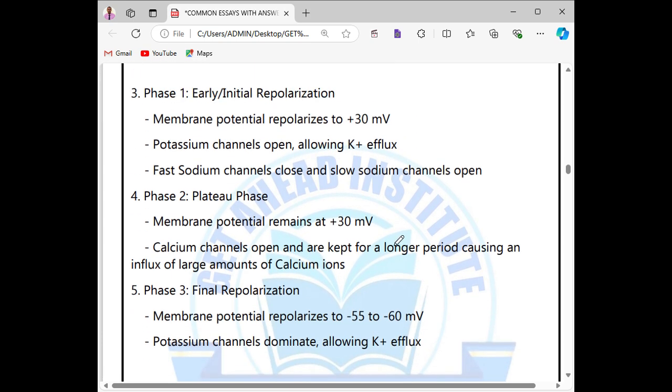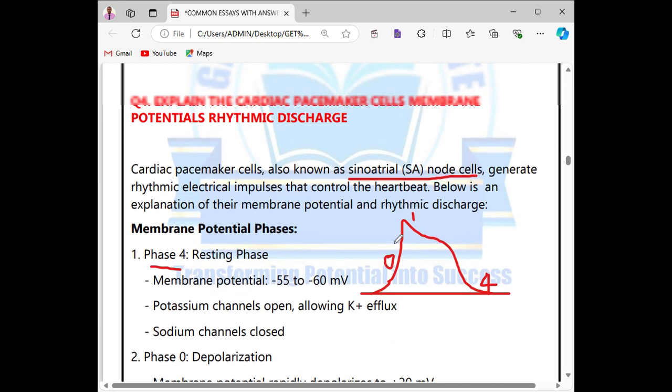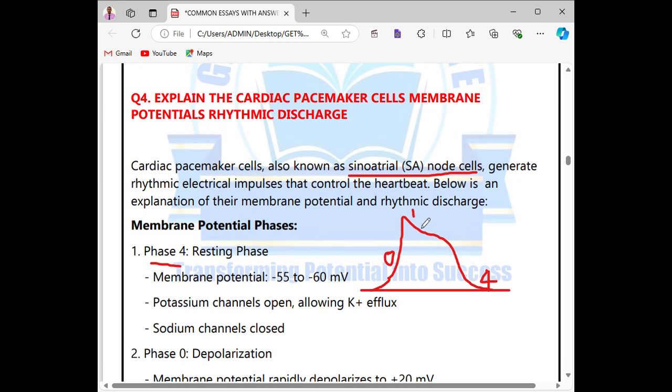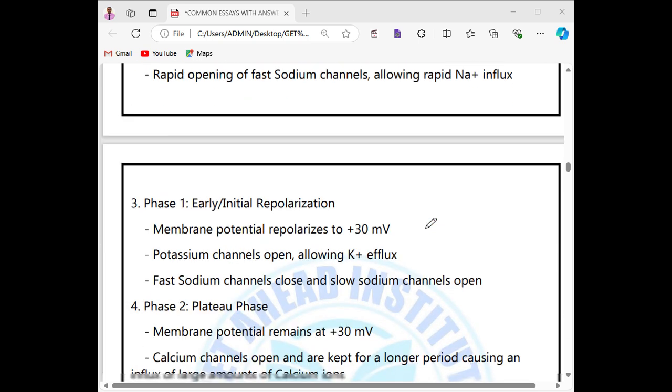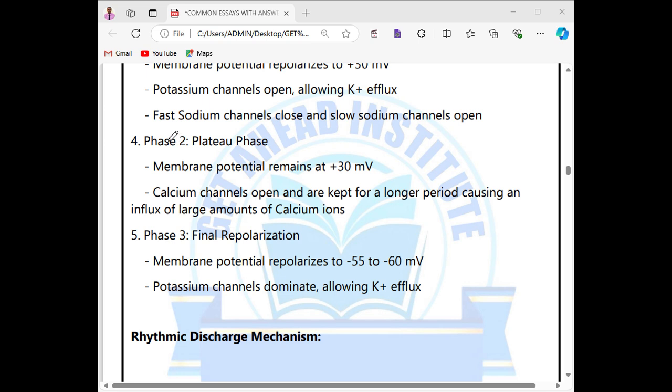So we come to phase two. Phase two is the plateau phase. On the plateau, you need to understand that the membrane potential will still be maintained at positive 30 millivolts.